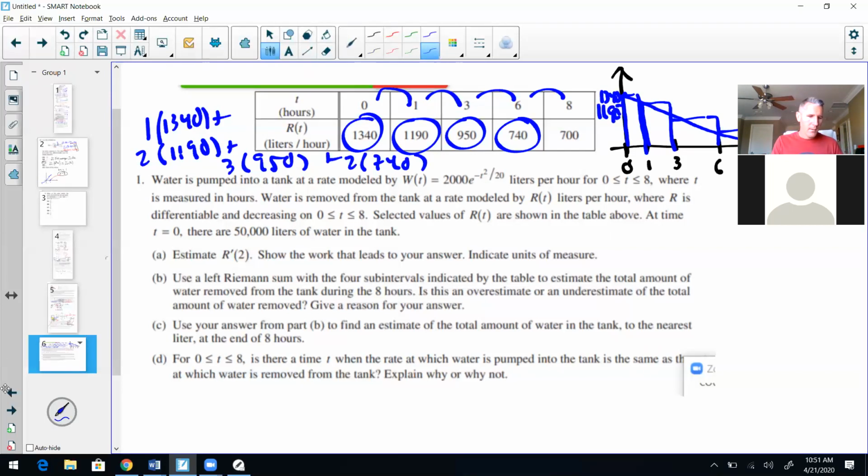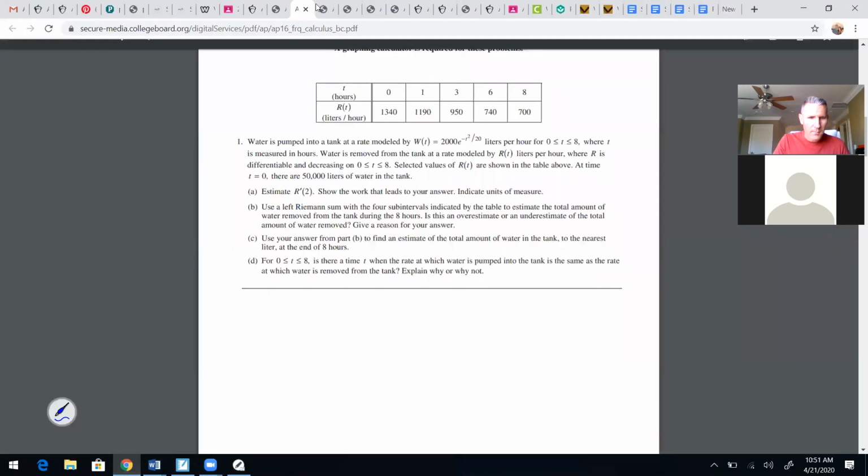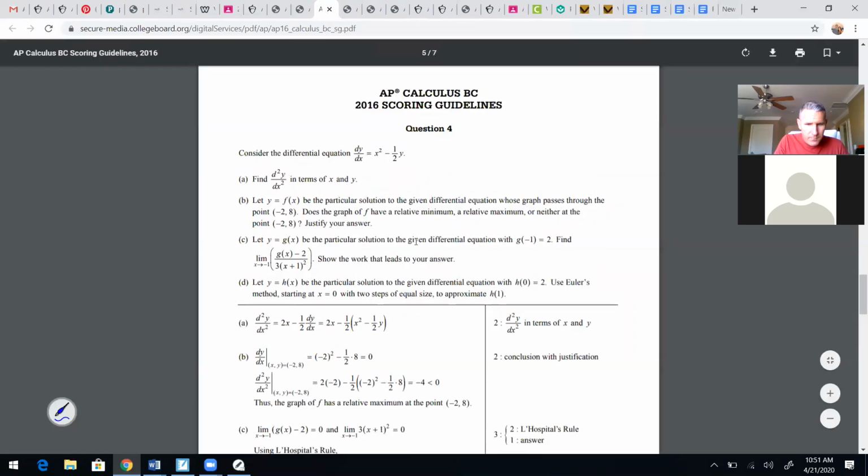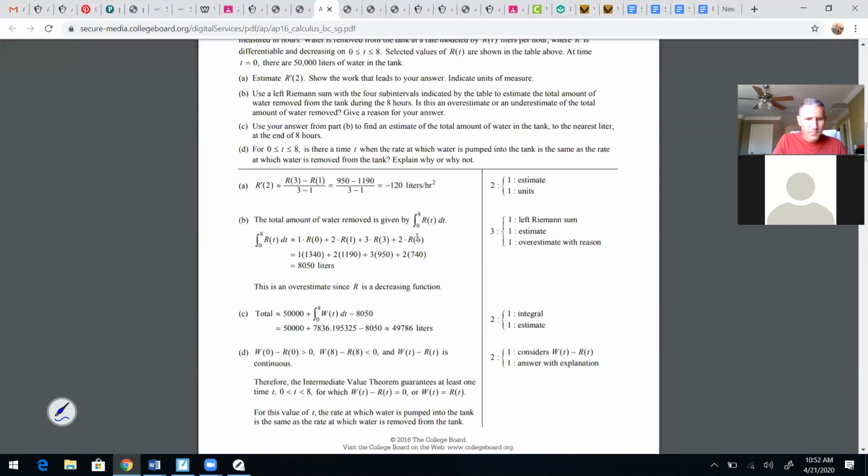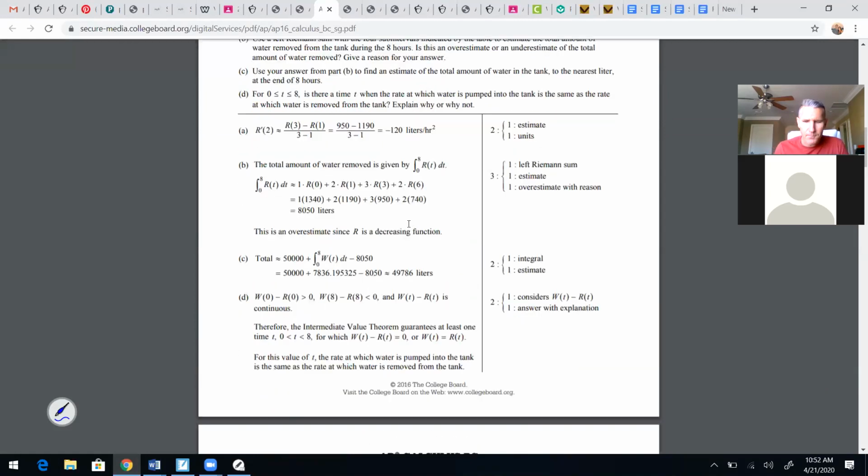Hold on one sec. Okay, so that was that, and then, okay, I want to look at a little bit of the scoring guideline right here.